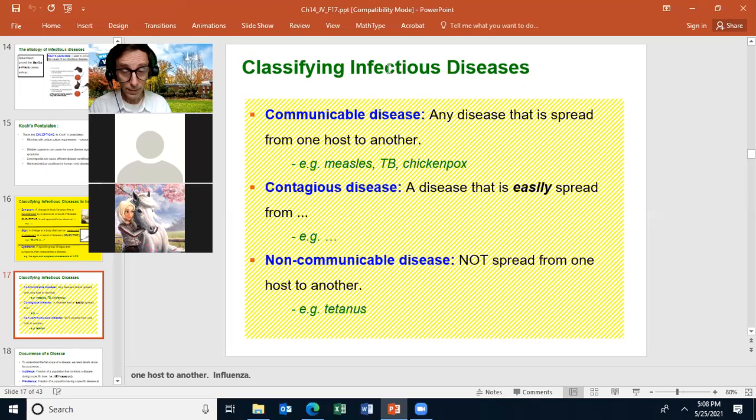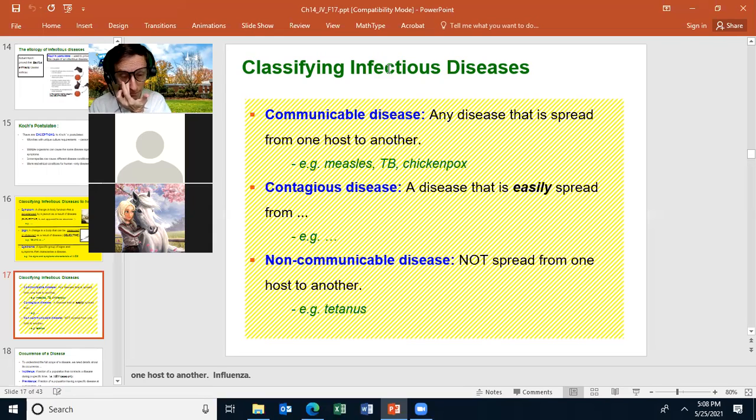For example, measles and chickenpox are communicable diseases, but they're also contagious. A good example of a contagious disease would be something like the cold and the flu. It spreads very easily. But so do measles and chickenpox.